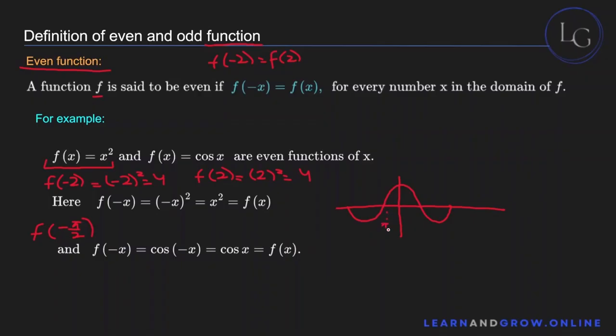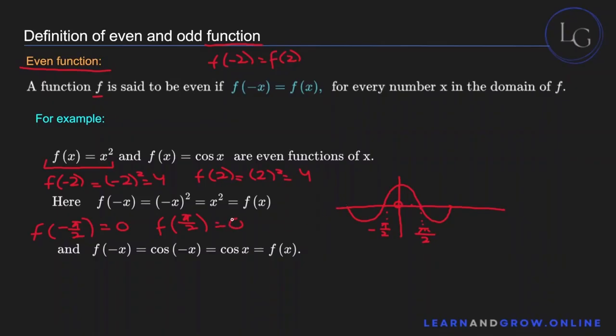This is pi by 2. And as you can see, the y value over here is 0, and so this becomes 0. Now, what if you plug in positive pi by 2? Well, that's this part here. This is negative pi by 2 and this is positive pi by 2. And this also yields 0.